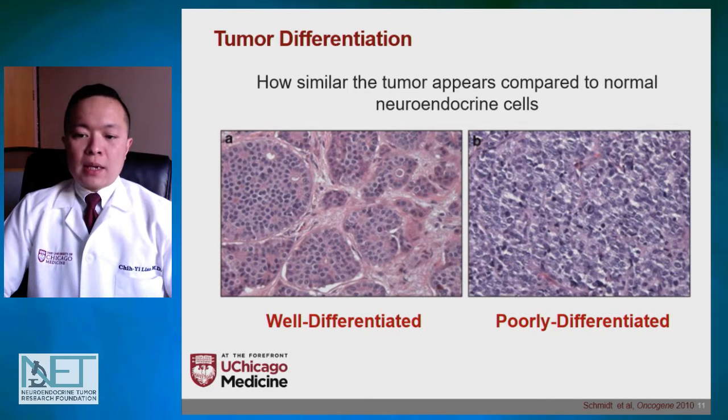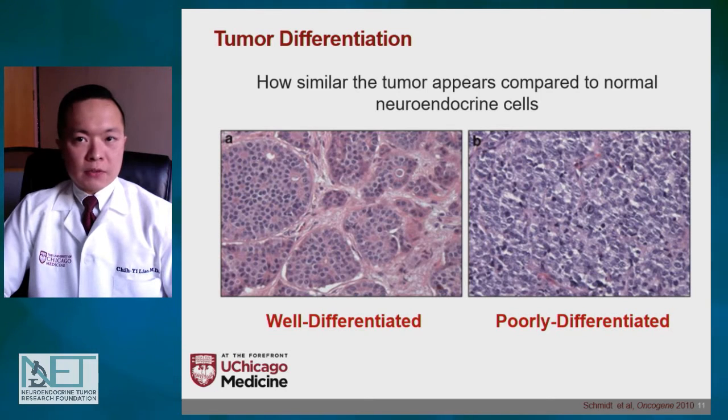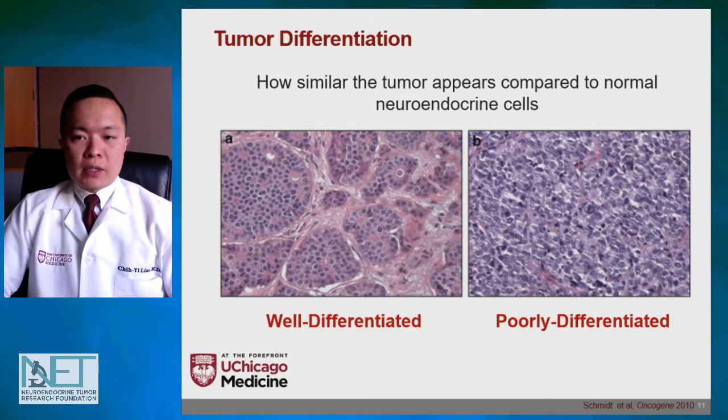Here in the example, on the left-hand side, this is a microscopic view of a well-differentiated neuroendocrine tumor where the cells don't look as aggressive. On the right-hand side, this is a microscopic view of a poorly differentiated neuroendocrine carcinoma, and morphologically, the cells look very aggressive.